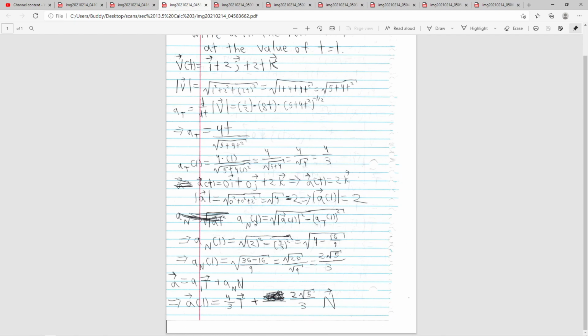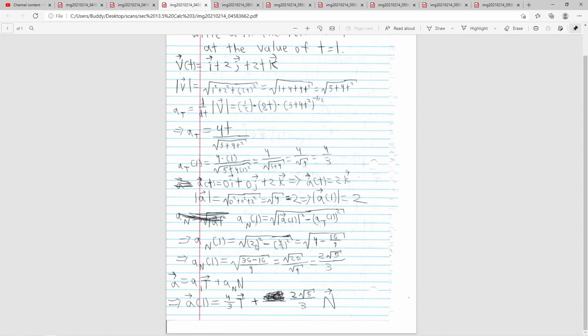So a_N at t equals 1 is equal to the square root of the magnitude of the acceleration vector at 1 squared minus a_T at 1 squared. And this becomes quite simple from here.